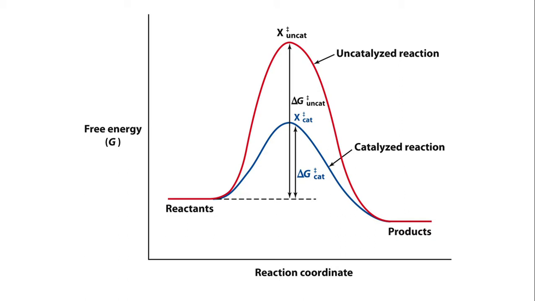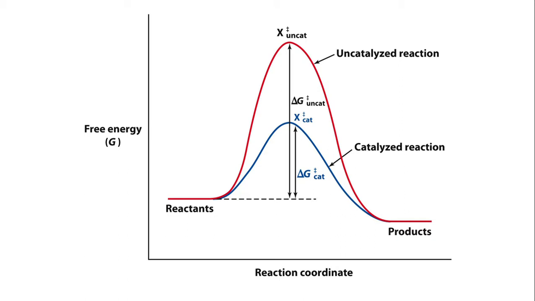There are certain functional groups in enzymes, the enzyme catalytic site, that perform the same catalytic function as small chemical catalysts do, and that of course is to stabilize that transition state. There are basically three catalytic mechanisms used by enzymes.